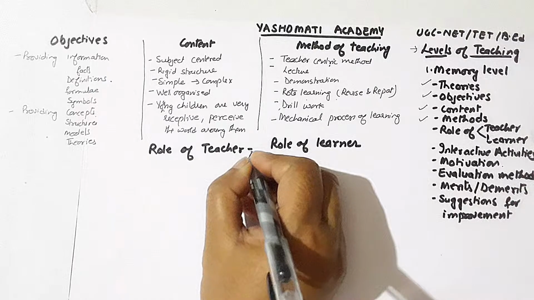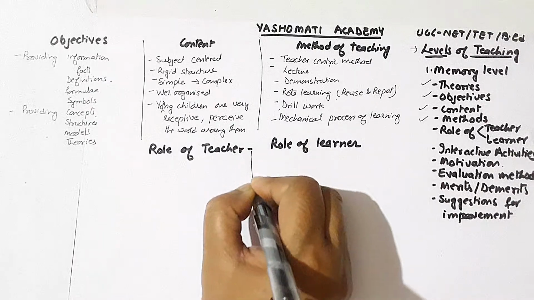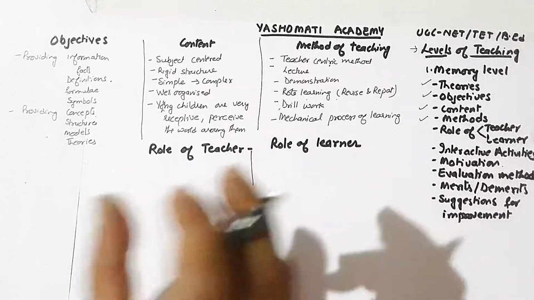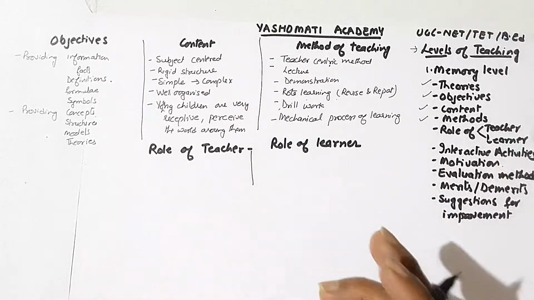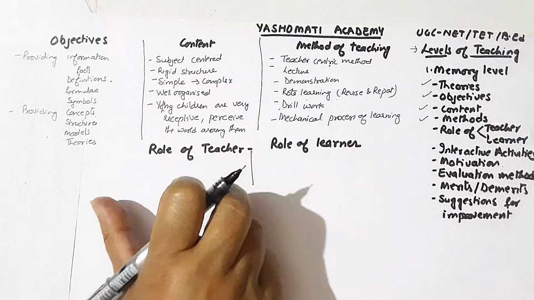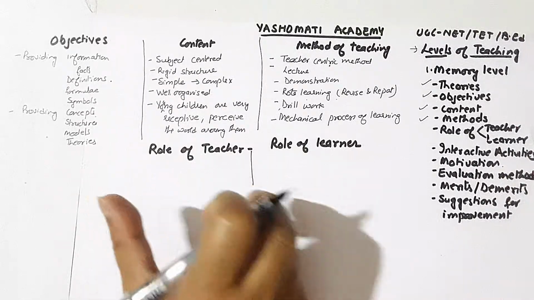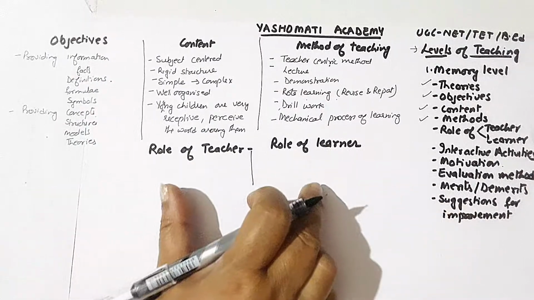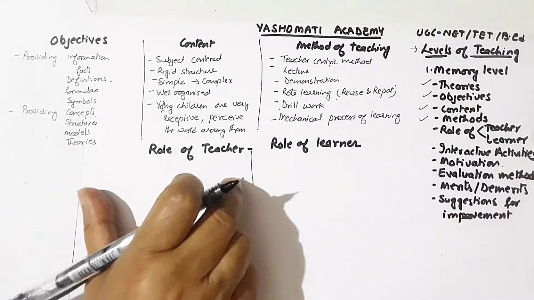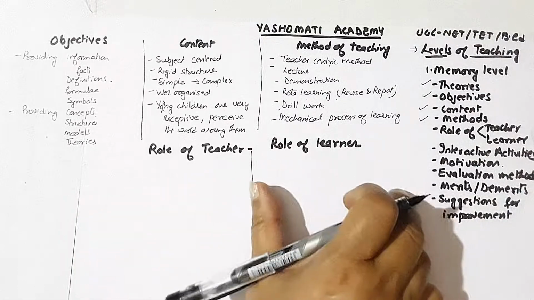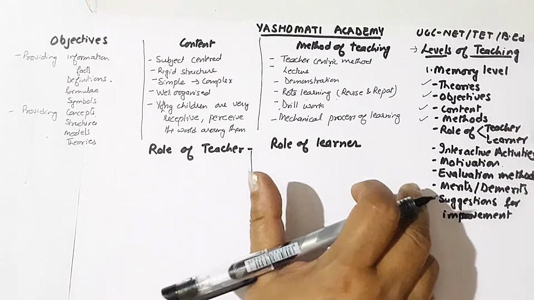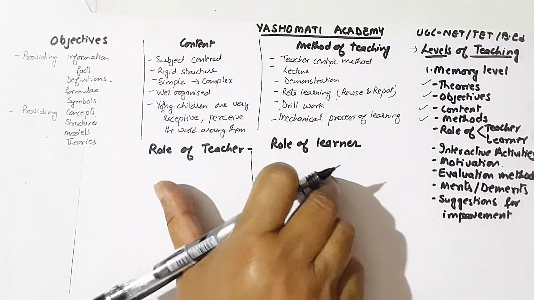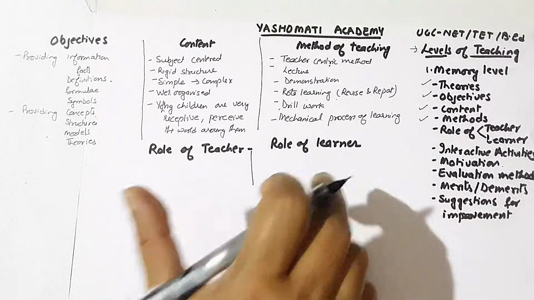Because we know that teacher and student have to interact with each other to complete the process of interactive learning. So certain activities are to be done by the teacher and certain activities are to be done by the learner. So here I will be discussing what activities are done by the teacher and what can be expected from the learner, so that the interactive process of learning is completed.